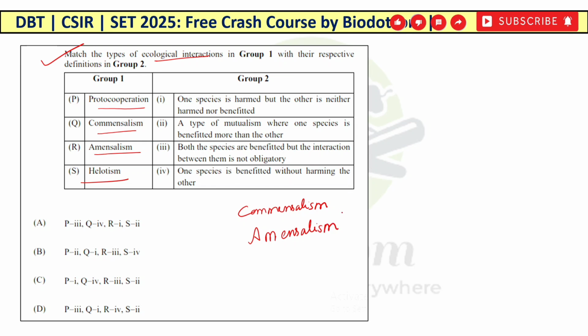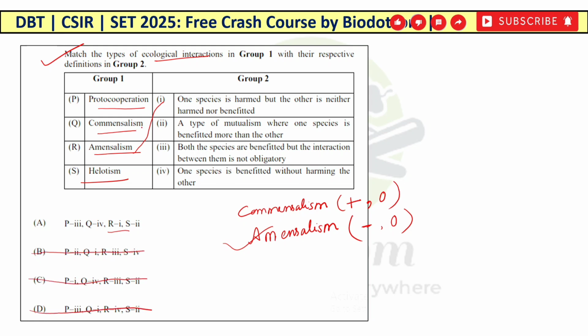You should remember that commensalism is a type of interaction in which one species is benefited and the other one is neither benefited nor harmed, neutral. And in amensalism, one is harmed and the other is neither harmed nor benefited. So commensalism is plus-zero. Let's find the option. Where does amensalism match? Here one option says one species is harmed but the other is neither harmed nor benefited, that is the minus-zero amensalism. So the first for amensalism is R with 1. R with 1 is visible only here, so B, C and D are eliminated.